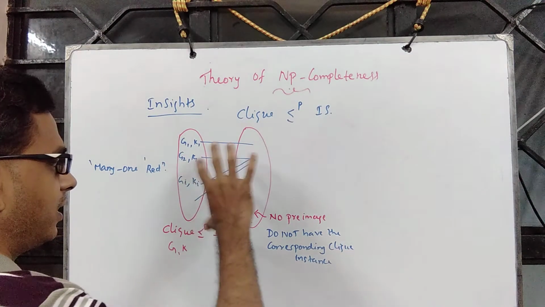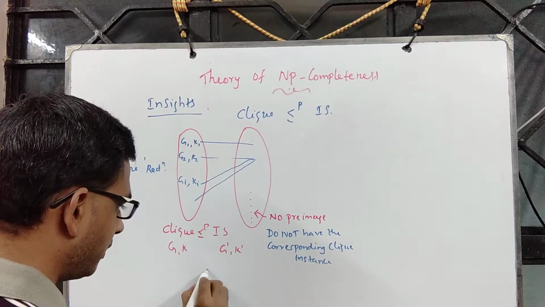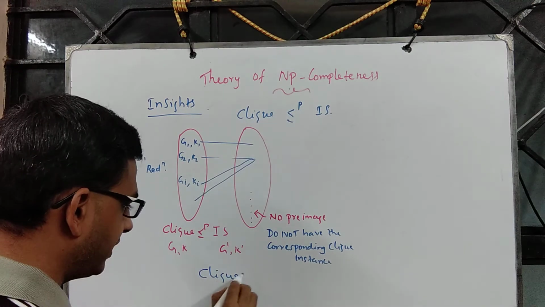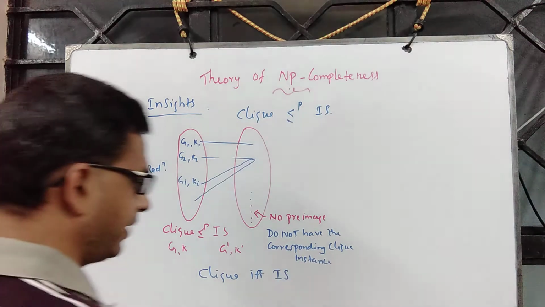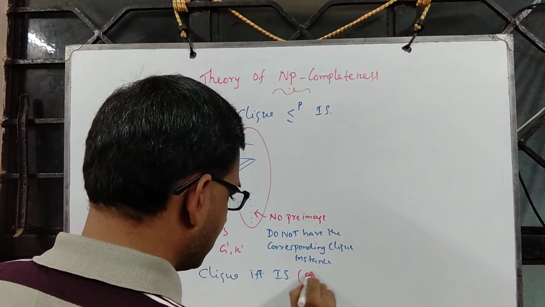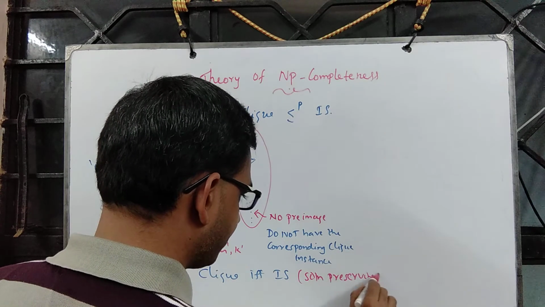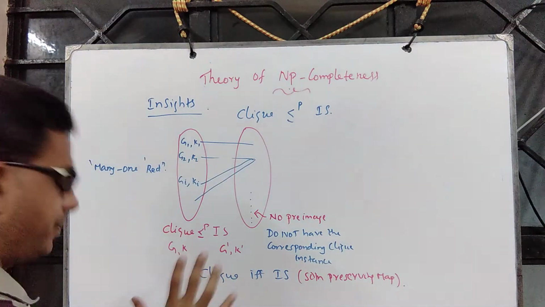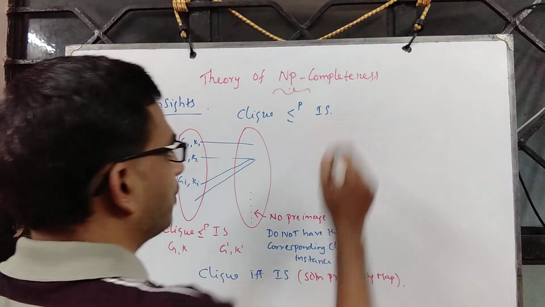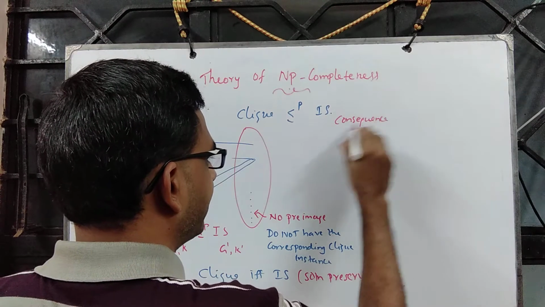So now that this map is established, and we also showed that it is clique if and only if independent set, which means it is a solution preserving map. Now what is the consequence of this? What do we achieve by this? We highlighted a couple of them.